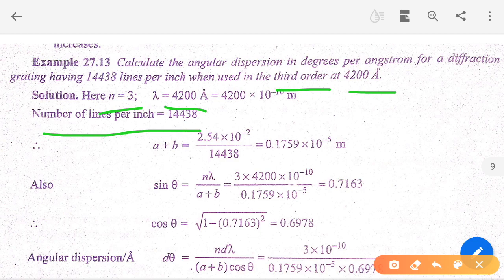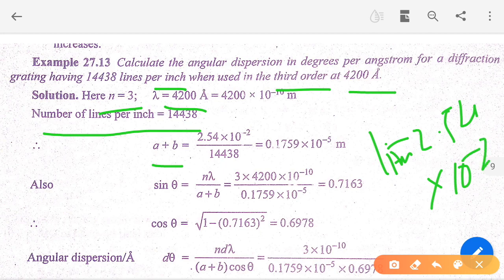Inch means the grating constant can be found; here it is given in inches, not centimeters. 1 inch is equal to 2.54 × 10^-2 meter.